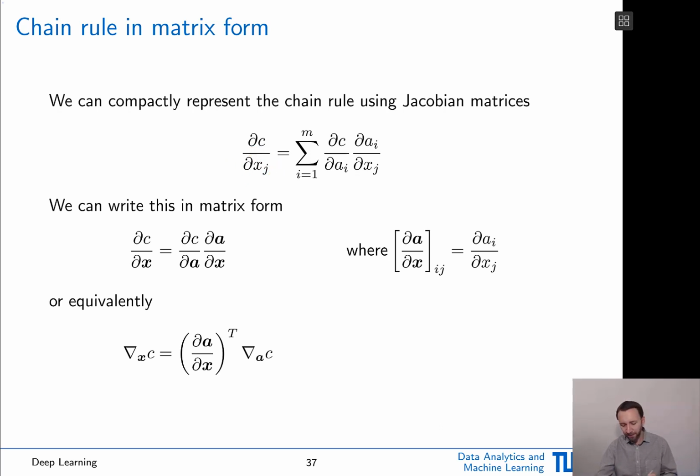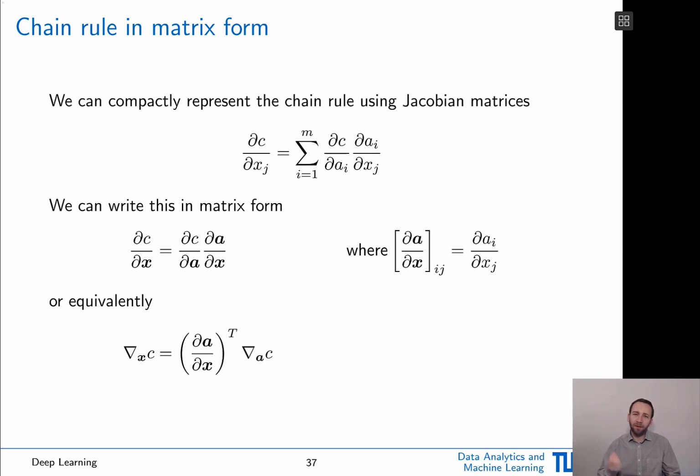In general, what we have seen before is that we can apply this multivariate chain rule by computing first the derivative of c with respect to a1, and then a1 with respect to xj, and then we sum it up, okay? So all these partial local derivatives, summed up.